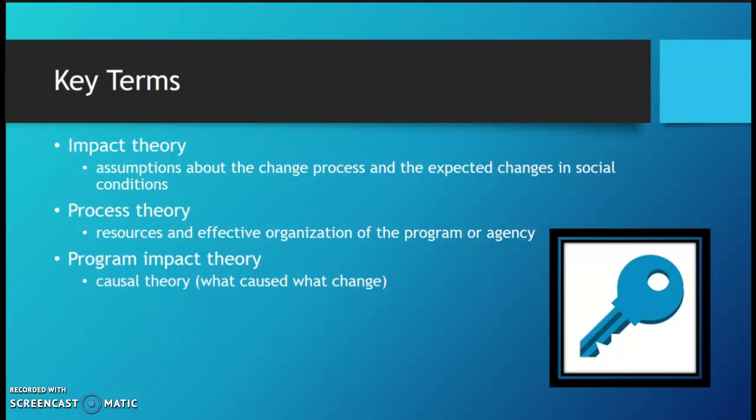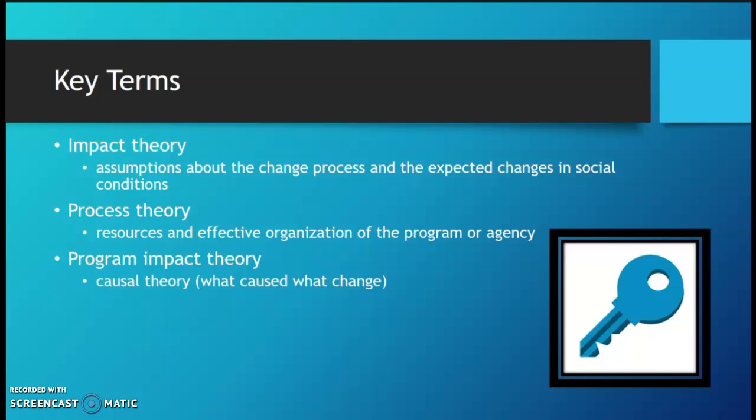What role do clients have in the process? I've seen several boards that have clients that sit on their board to inform processes. So the impact theory portion of a program theory tells us our change process and our results. The process theory tells us how our organization functions. And the program impact theory is the causal theory.